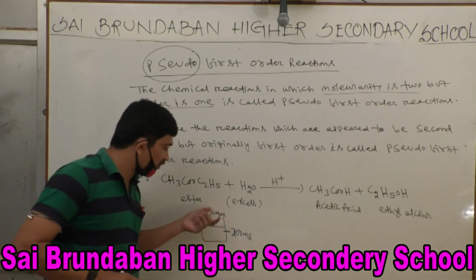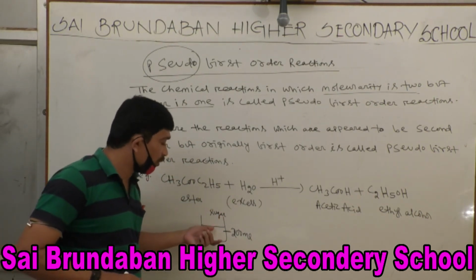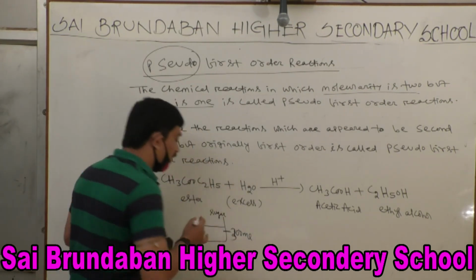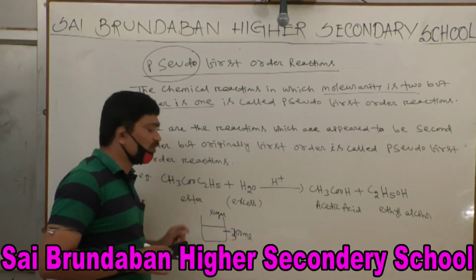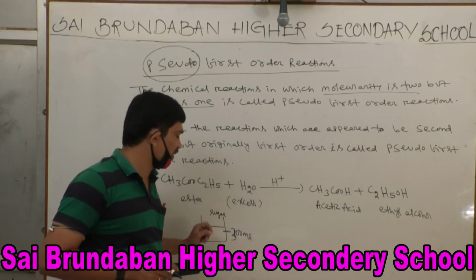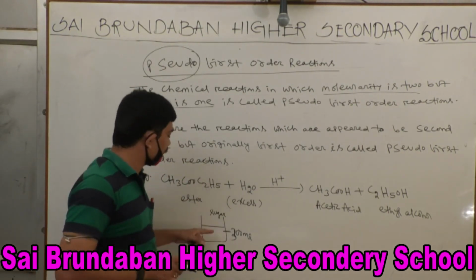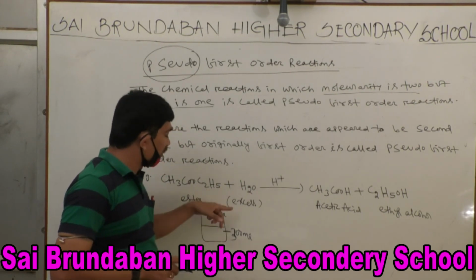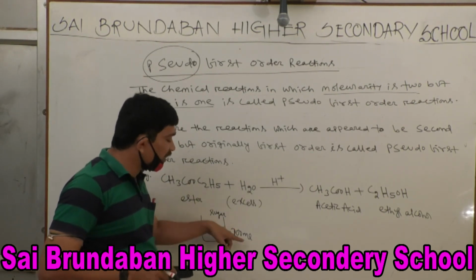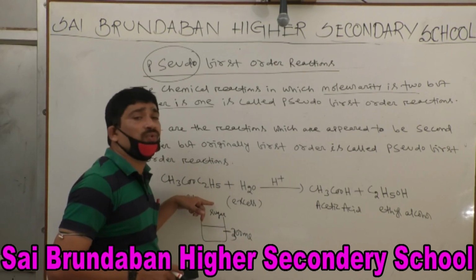If we add sugar to this water, 200 ml or let it be 300 ml, whose concentration will change, sugar or water? Sugar, because water is present in large excess in comparison to sugar.